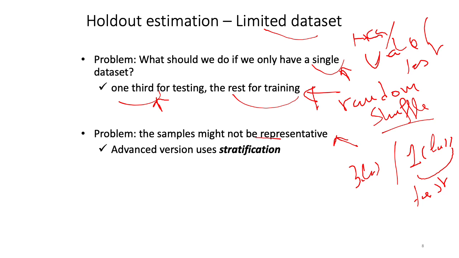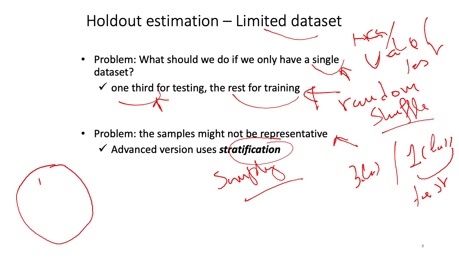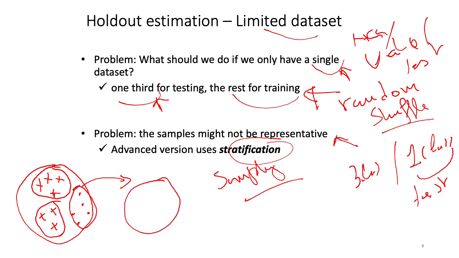One solution is to do stratification, so sampling with stratification. We talked about this briefly in the beginning of the course. Stratification means we take our entire population. Let's say I have this data with 3 different classes. What I do is create these groups of my data, and then when I want to do random sampling, I do it by strata.